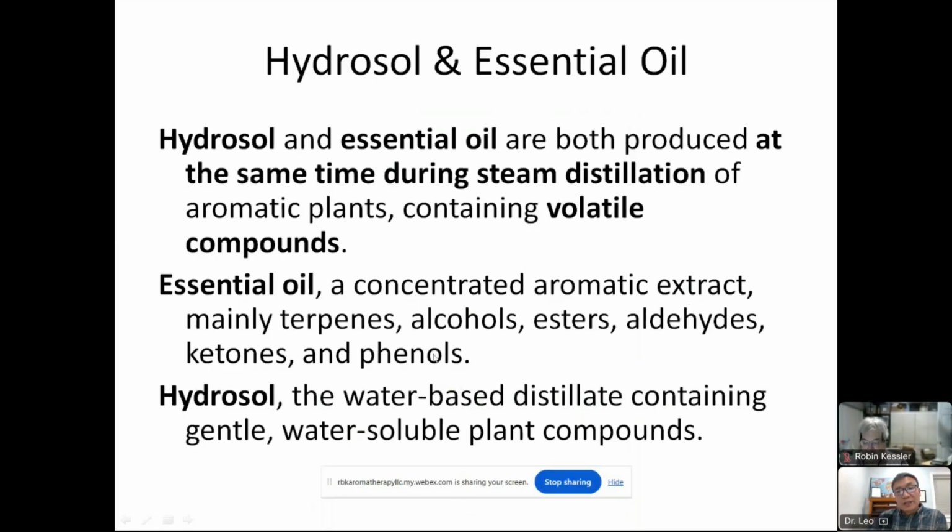It mainly contains terpenes, alcohols, esters, aldehydes, ketones, and phenols. Hydrosol is water-based. Most of it is water, but it also grabs water-soluble compounds like alcohols, esters, and ketones. Those can dissolve into the hydrosol.